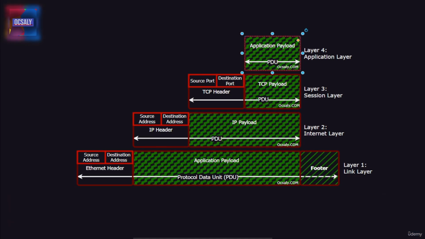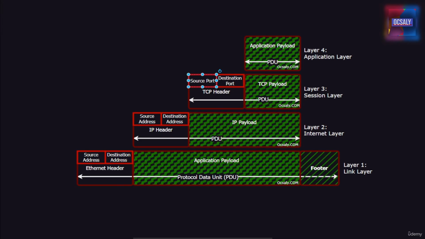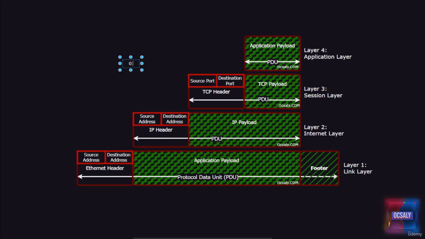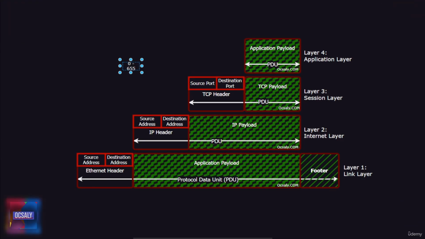The TCP header contains a source and destination port number, which is here, source and destination port number here. These port numbers allow a single node to have multiple unique network connections, and port numbers for TCP and UDP range from 0 to 65,535.